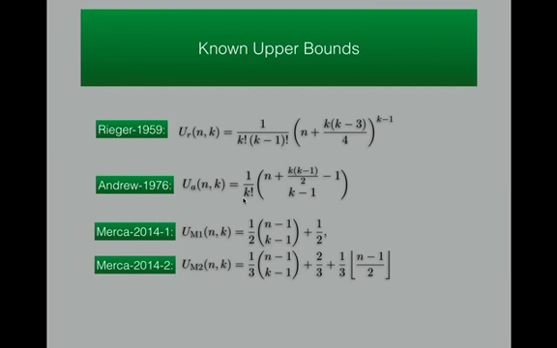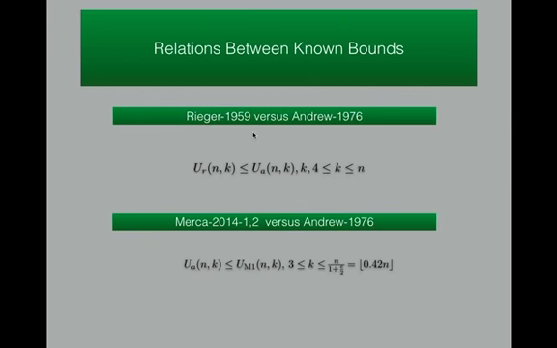When we look at a list of upper bounds like this, a question comes to mind, and that is, how are these bounds related together? Is any one of these tighter than the other ones, or is there some kind of an ordering between these bounds? This is what the next slide establishes. It states that Rieger's 1959 bound is actually tighter than Ender's bound for k between 4 and n.